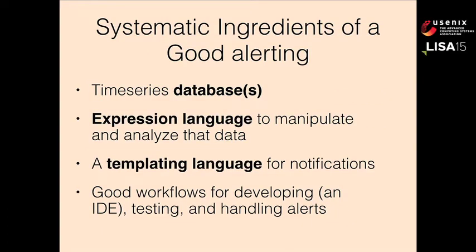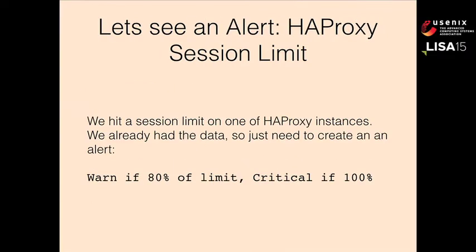I found this needed some fundamental ingredients. It needed a time series database, an expression language for manipulating the data, a templating language for the display layer, and a good workflow for developing, which is just a traditional development workflow, which is kind of interesting.